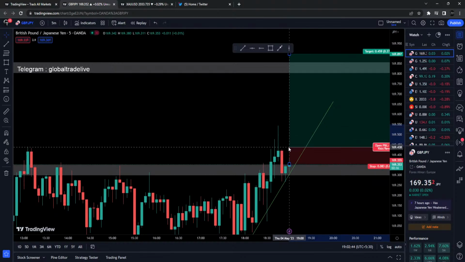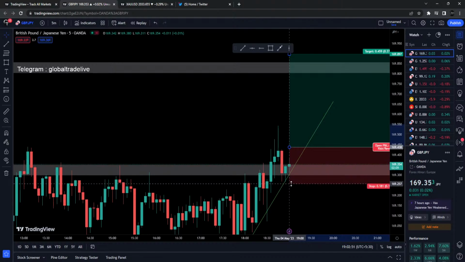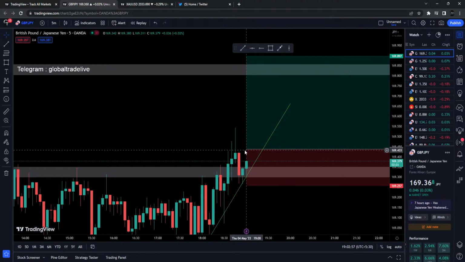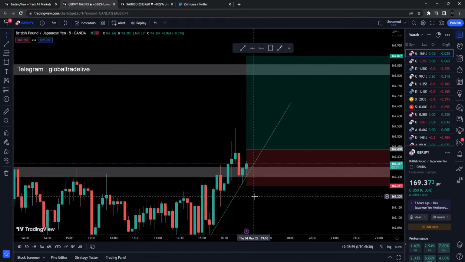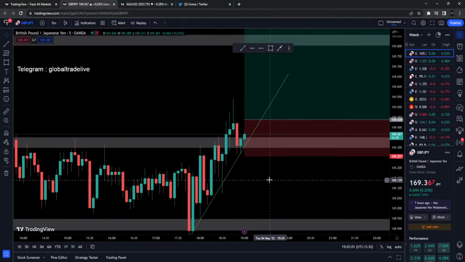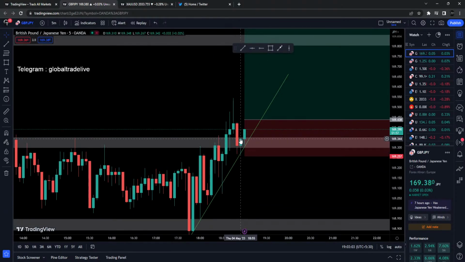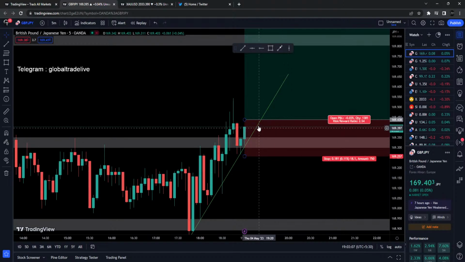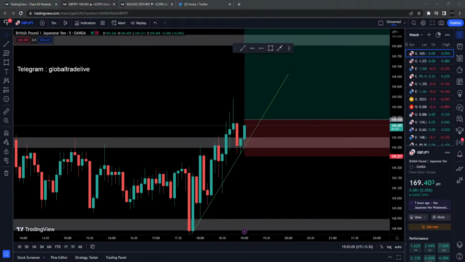So I'm going to enter a trade over here on the basis of the 5 minute. Will keep my stops under this low, which will be around 18 pips. Since the 5 minute is also forming higher highs and higher lows, there is a very high chance that this candle will break the high and continue moving up.